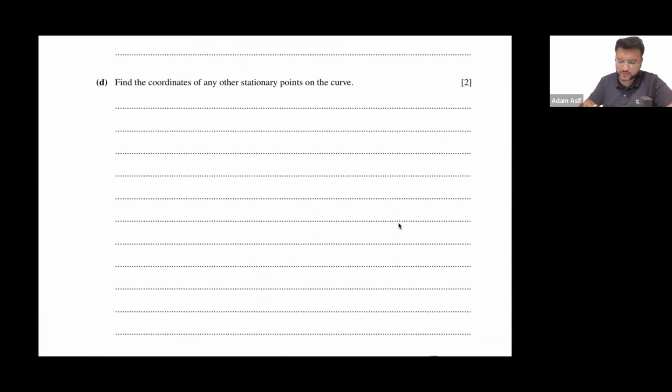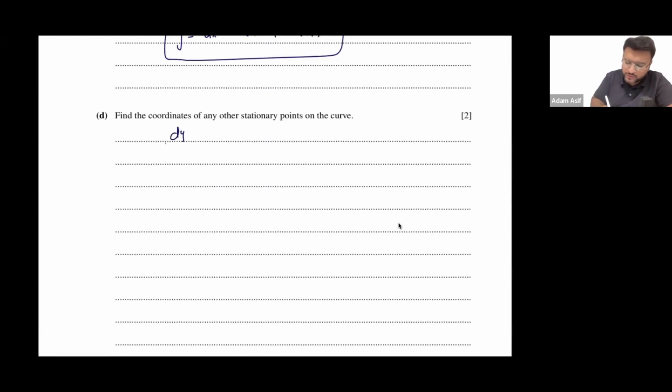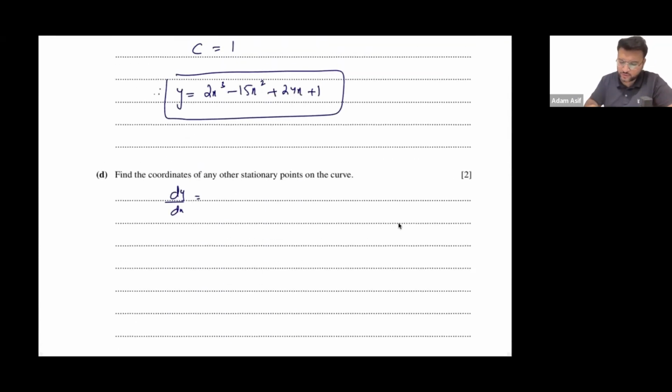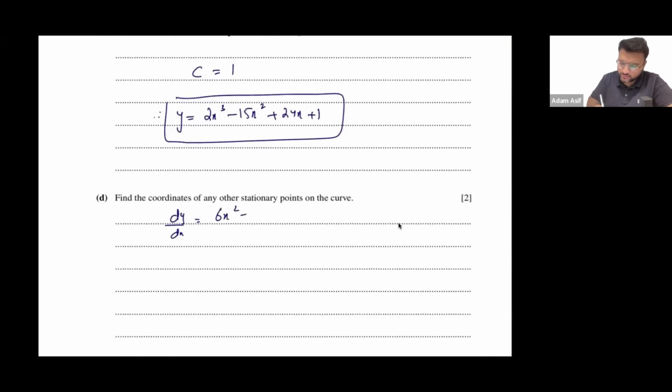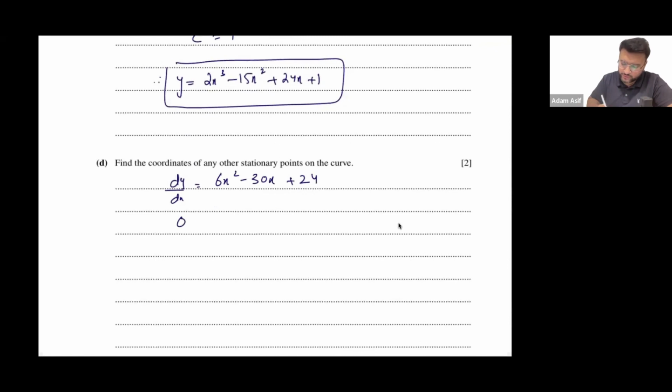Now part D says find the coordinates of any other stationary point on the curve. So the dy by dx expression is 6x squared minus 30x plus 24. You're going to equate it to 0 and solve this quadratic equation. You're going to get two values of x.